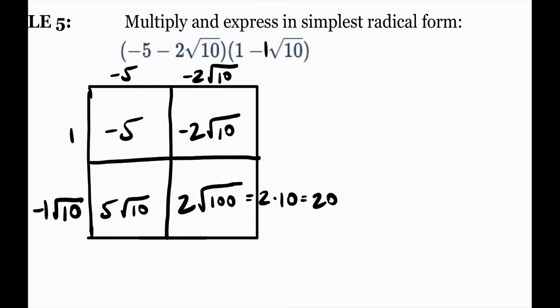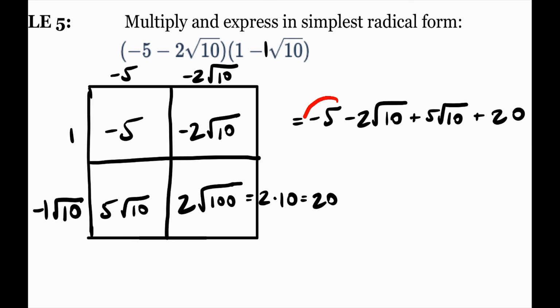Okay. Combine like terms. What do I got? I got -5, I got negative 2 times the square root of 10, I got positive 5 times the square root of 10, and I got a positive 20. So the ones I can combine, combine. The ones I can't, I can't. So a negative 5 and a positive 20, I can combine those since those are both coefficients.